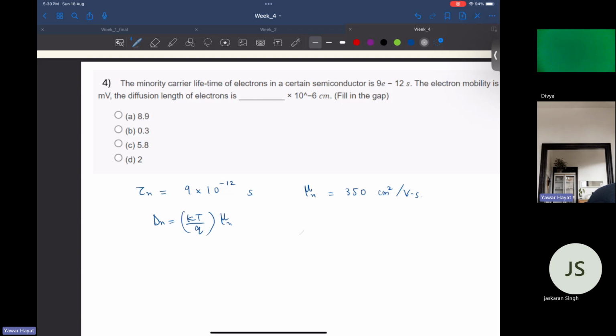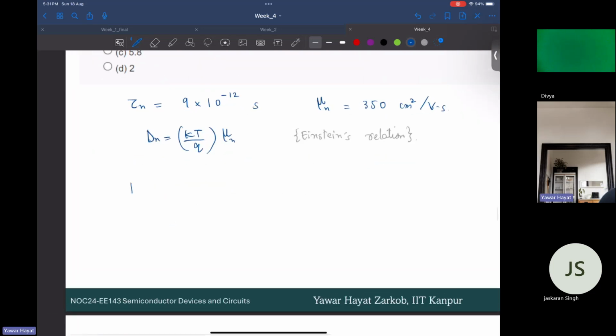This is your Einstein's relation. What is your diffusion length? Your diffusion length, that is equal to your Ln, and your Ln is equal to square root of Dn tau n, right?